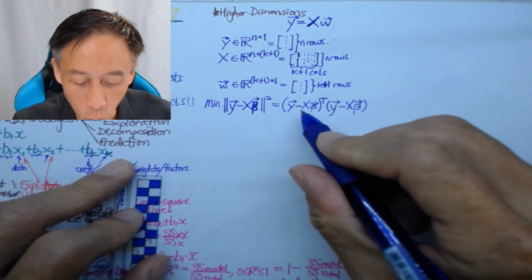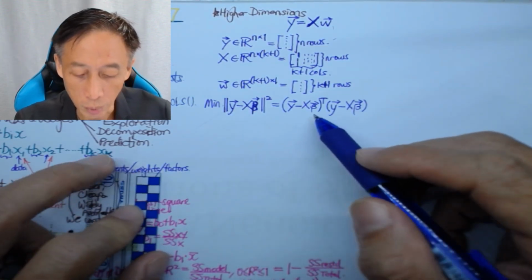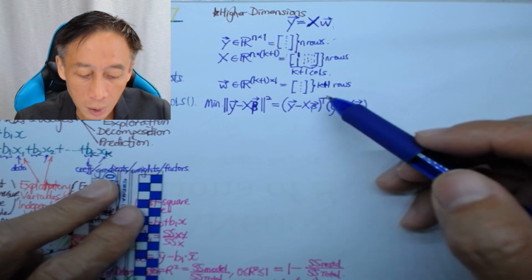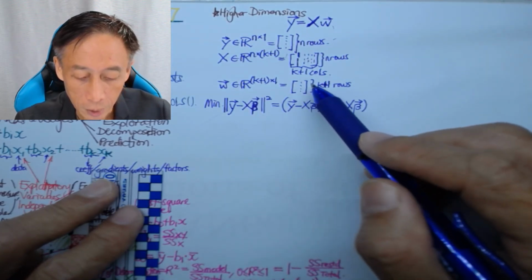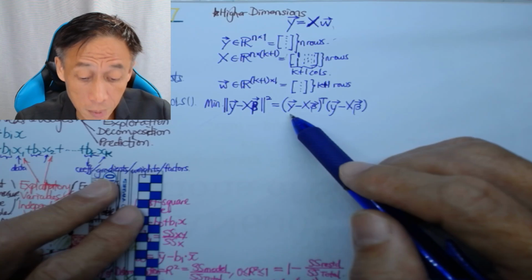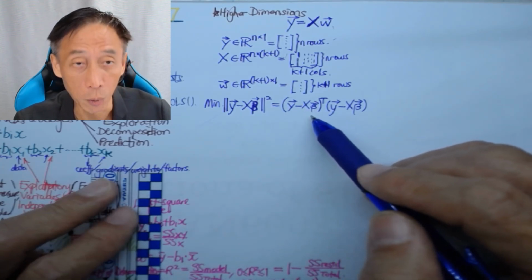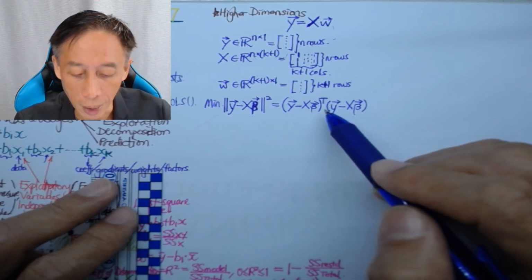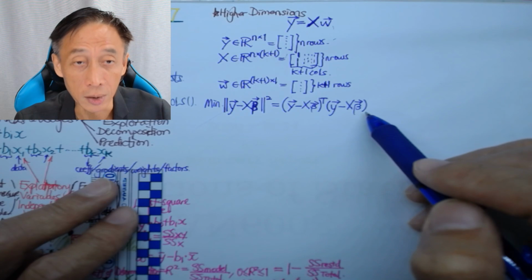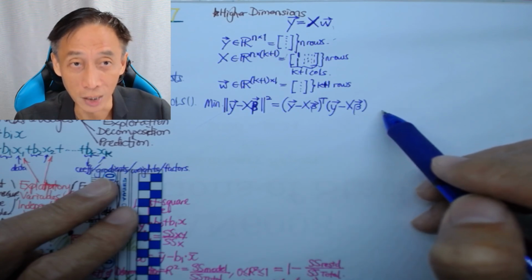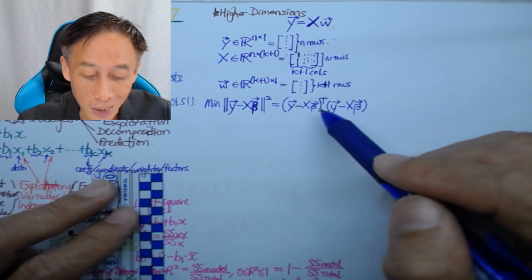It's just like squaring: this times itself. But to make the rows and columns work, we have to transpose it because this is a vertical column. So n by 1 minus n by 1, you get n by 1. N by 1 transposed, you get 1 by n. A 1 by n vector times an n by 1 vector, you get a 1 by 1 vector, which is a real number, something that we can minimize.